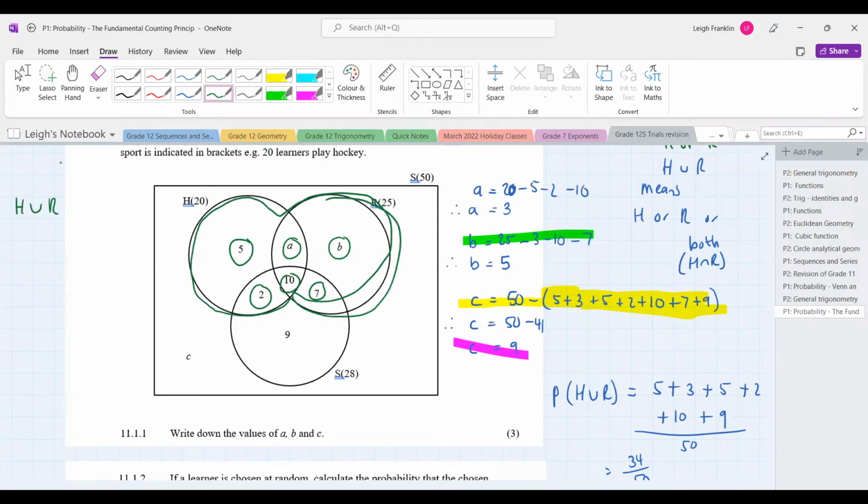That's everything that's inside those 2 circles. That is hockey or rugby.